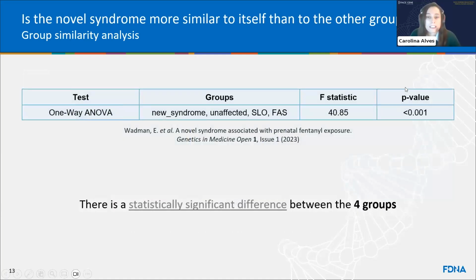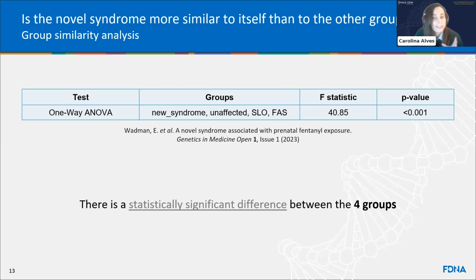So then we conducted a one-way ANOVA to compare the 4 groups. This test compares the means between the groups and determines whether any of those means are significantly different from the others. As you can see, our results had a p-value that is well below 0.05, meaning there is a highly statistically significant difference between these 4 groups.